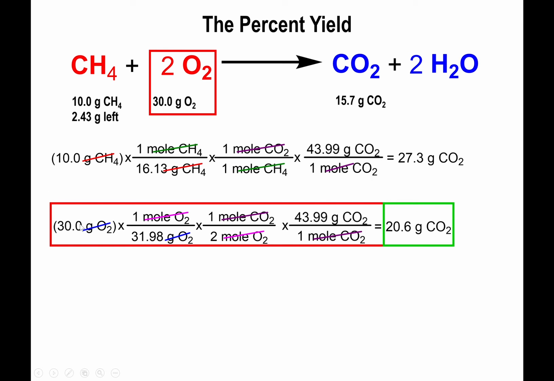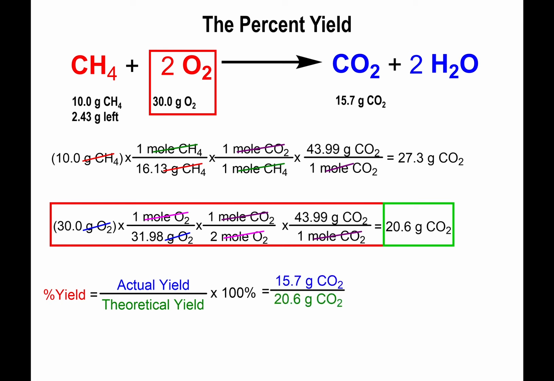And as long as we start with the limiting reactant and carry the stoichiometry properly, leading up to the product, this amount is what we should get in theory. Now, to get the percent yield, what you do is you divide the actual yield by the theoretical yield and multiply by 100 to tell you what the percentage is of the yield that you actually obtain.